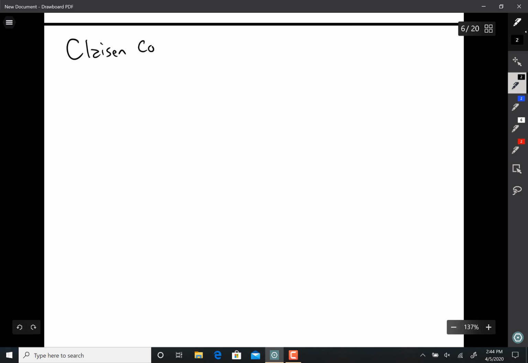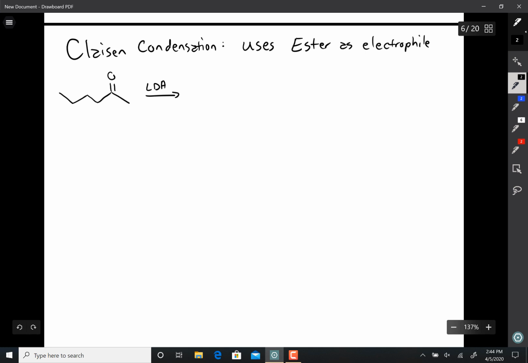The Claisen condensation, we'll do this one. The difference between Claisen condensation and Aldol condensation is that Claisen condensation uses an ester as the electrophile, so you can make the enolates as your nucleophiles.